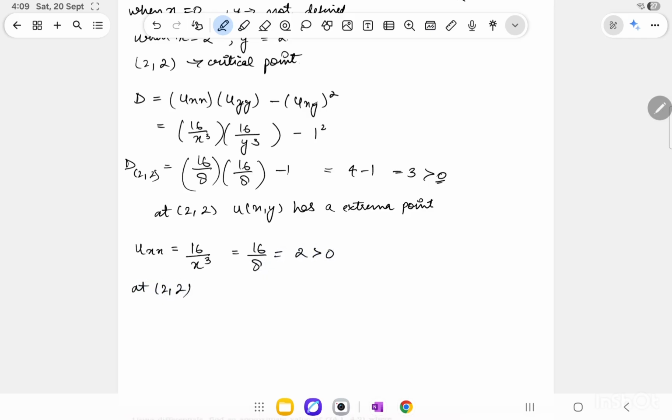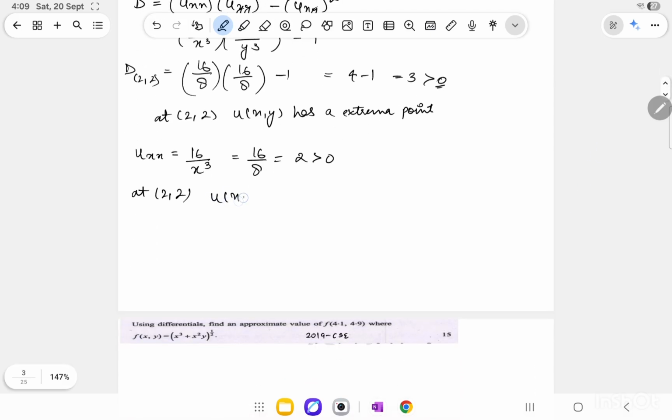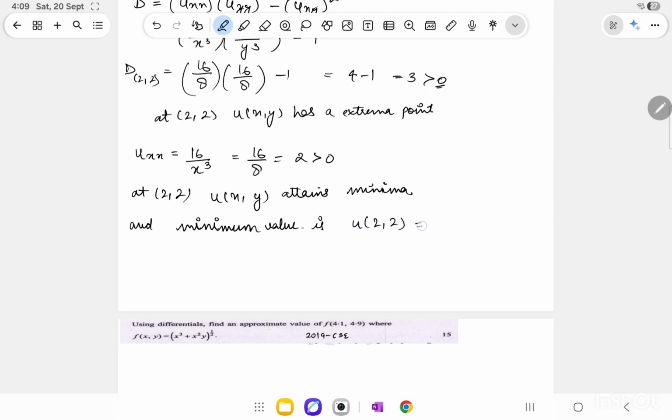So at 2 comma 2 we can say that the function u(x, y) attains minima, and the minimum value is u at 2 comma 2, that is 2 into 2 plus 8 by 2 plus 8 by 2, that is 4 plus 4 plus 4, that is basically 12. So at 2 comma 2 the minimum value is 12.